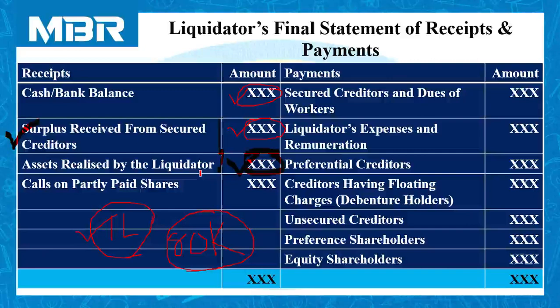As a part of the liquidation process, the liquidator has to sell all the assets, and whatever amount is available with the liquidator by selling, realizing or transferring these assets will be available for the purpose of payment to the different stakeholders.